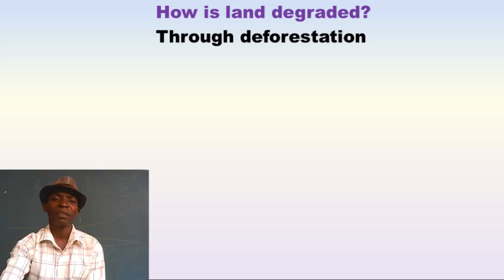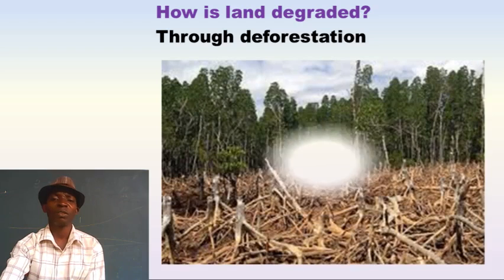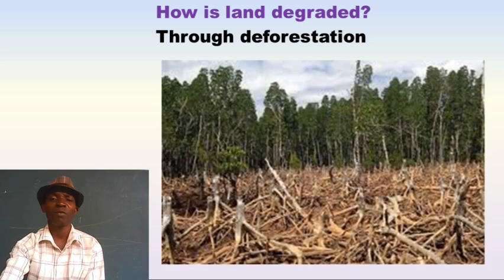Number 1, land is misused through deforestation. Deforestation, we said, is the massive cutting down of trees without replacement. You can see in the picture there, that's a picture of deforestation. That's one way land is misused, or degraded.